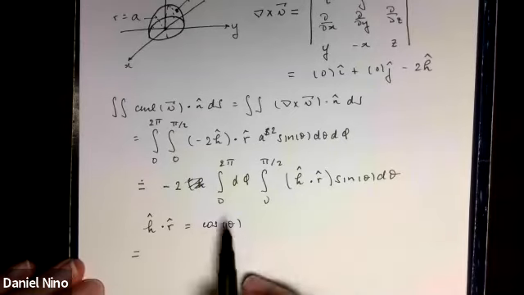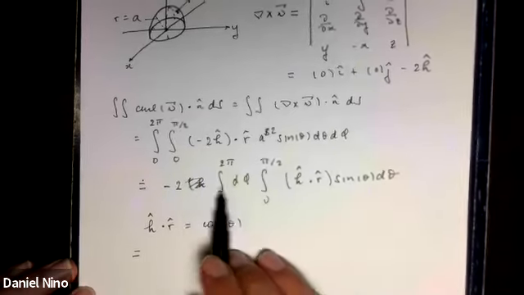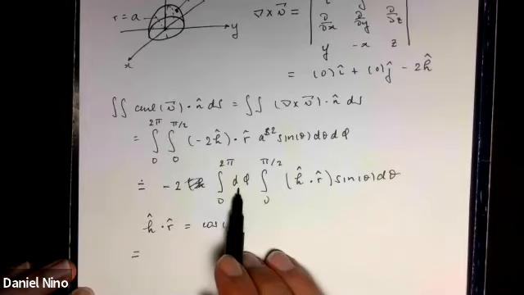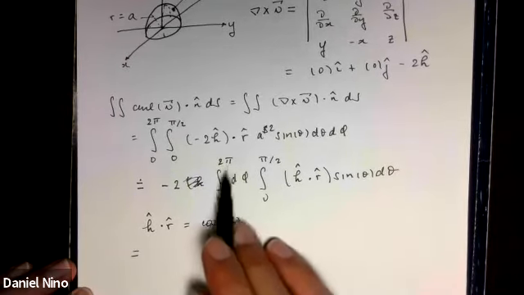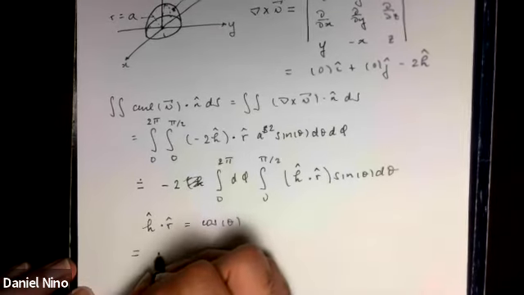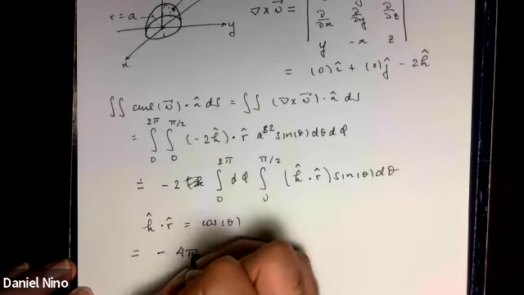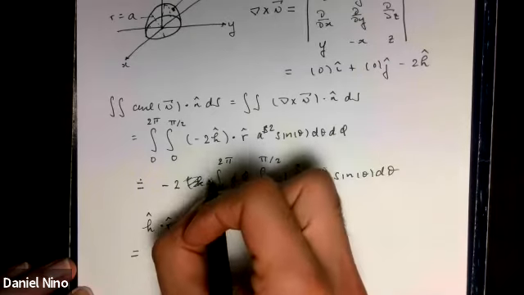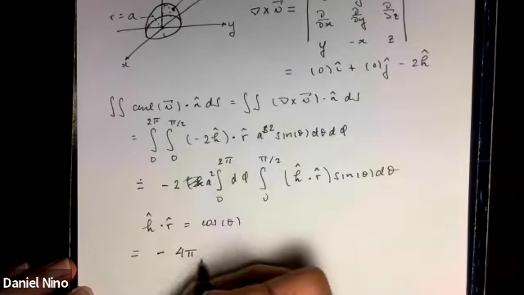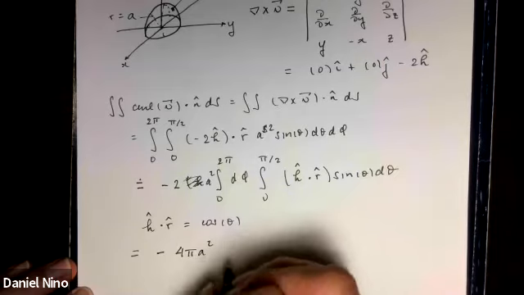And we'll do an extra step here. We'll immediately evaluate this integral because it just gives us the difference of the boundaries. This will be minus 4 pi. It should be an a squared from over here.